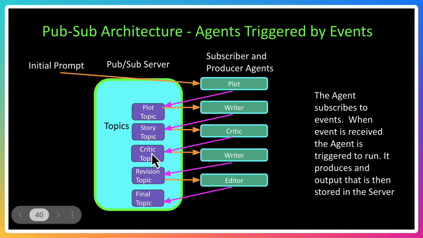And again, now the writer subscribes to the critic topic and rewrites the story depending on the critic's comments. And then finally that writer will write the revision, and that will be subscribed to by the editor, and then the editor will approve the final version and write it out to the final topic.